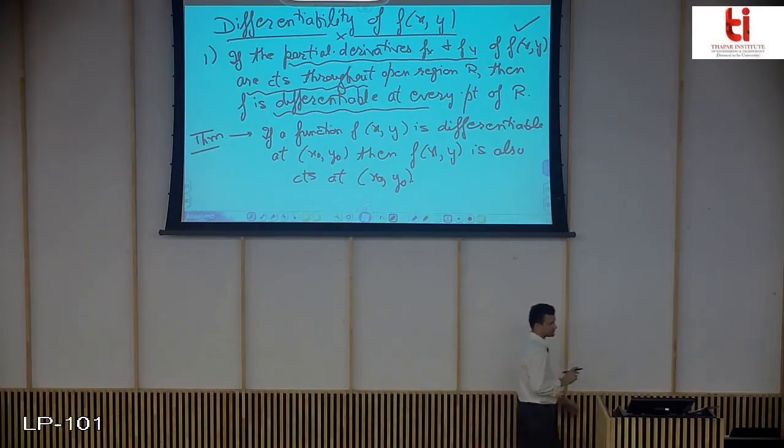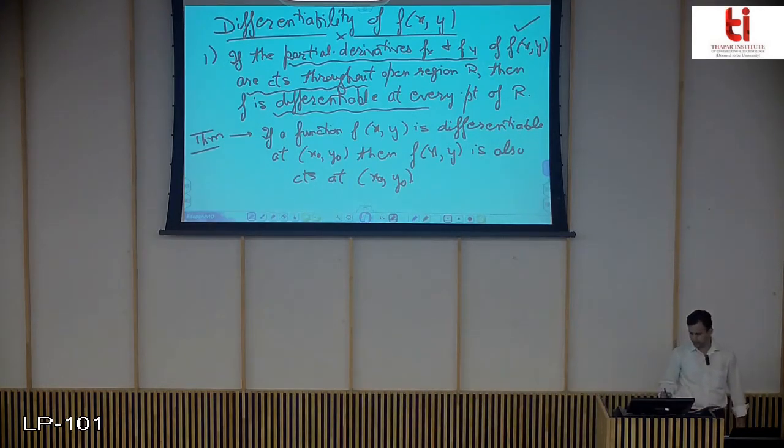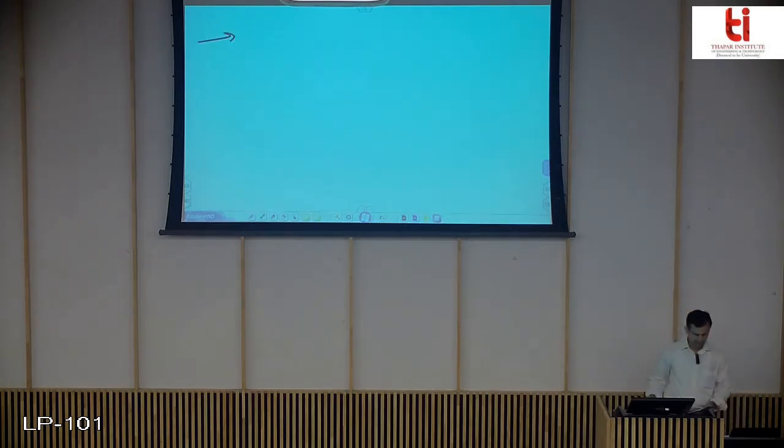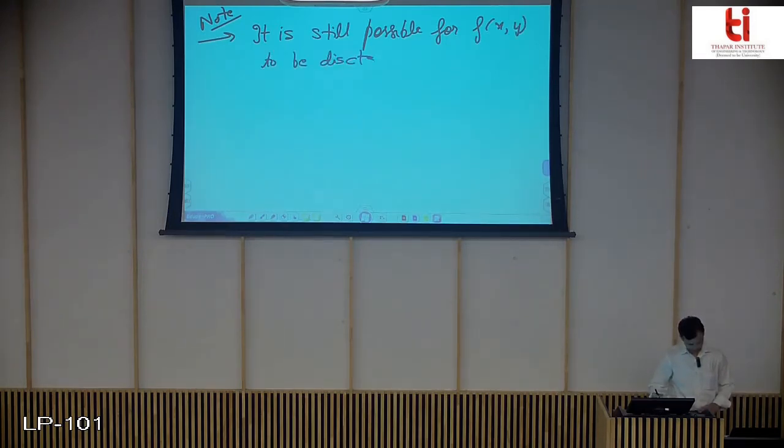So in this case, what is the important point to be noted is that it is still possible for f(x,y) to be discontinuous at point (x0,y0), where its partial derivative exists.